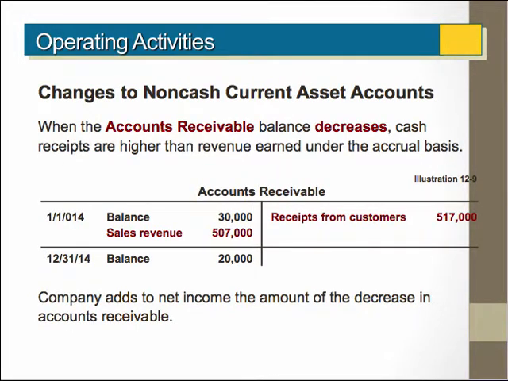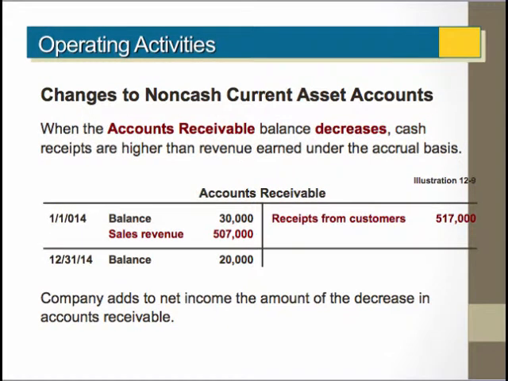Next, we look at the changes of the non-cash current asset accounts. So if we look at accounts receivable, we see that our beginning balance of $30,000, we had sales of $507,000, we have receipts from our customers of $517,000 to give us a balance of $20,000.